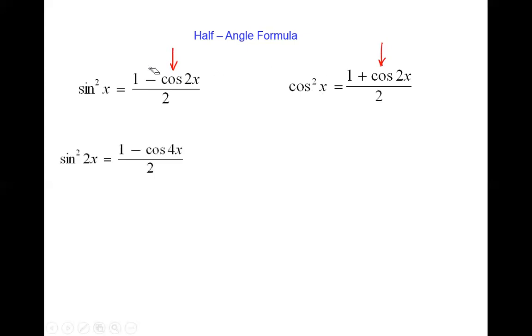Now let's see. Sine square of 2x, that's what I was trying to explain. This means this is half angle. That means on the right-hand side, I have to double it, 4x. I follow the same formula, 1 minus cosine of 4x over 2. 2x, 4x.